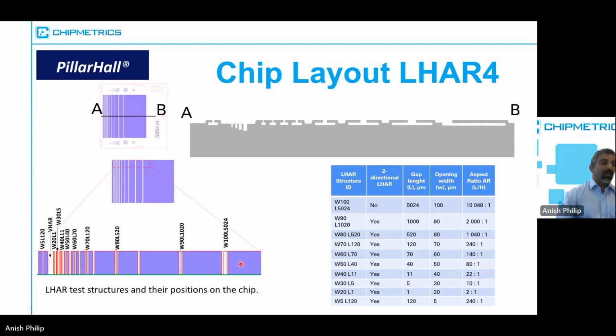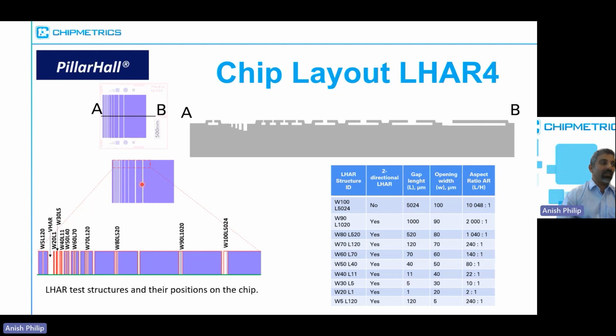This one is not mirrored, which means you deposit only in this direction. So as you can see, we have only one long test structure, the cavity with a 5 millimeter length.